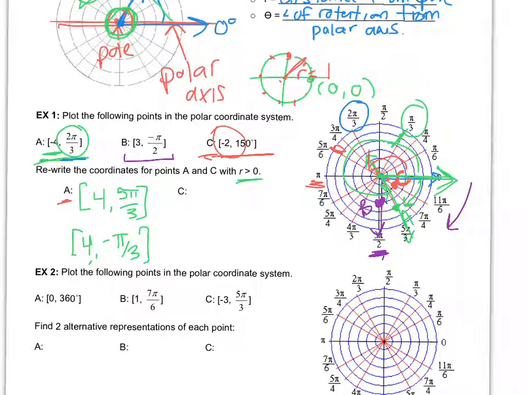So if we look at point C now, when we want to represent that same point, that's in the pink color, that one originally had a radius of -2. So we want to represent that same location with a +2 radius. That means we're going to either open up, instead of, we stopped at 150 degrees originally and walked backwards.